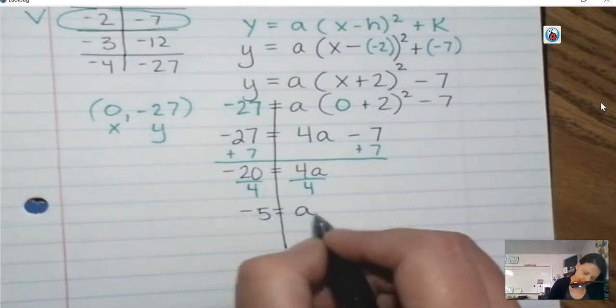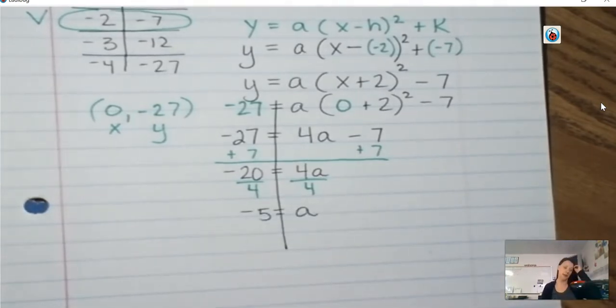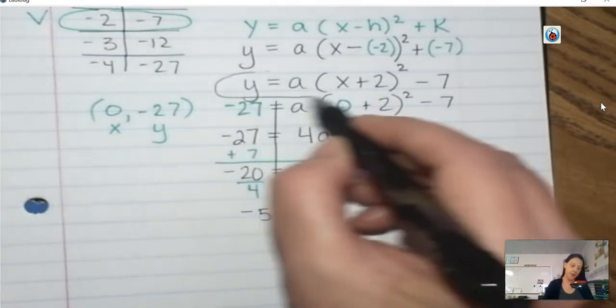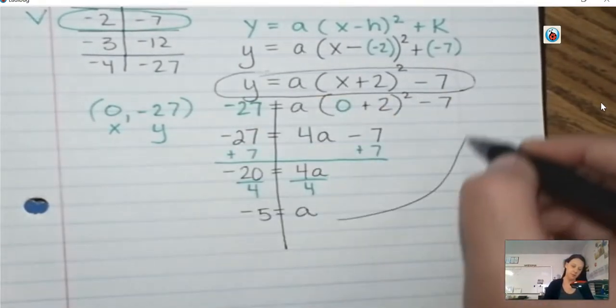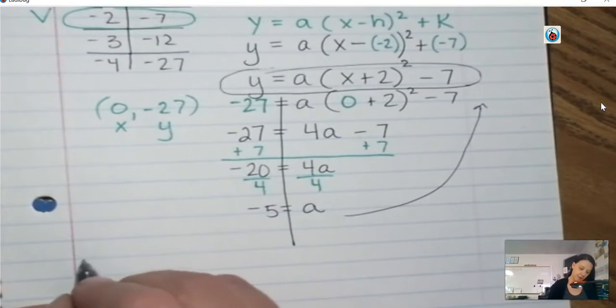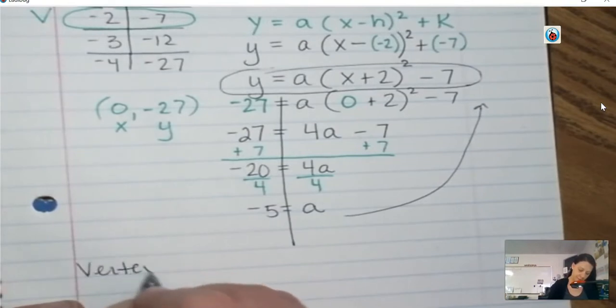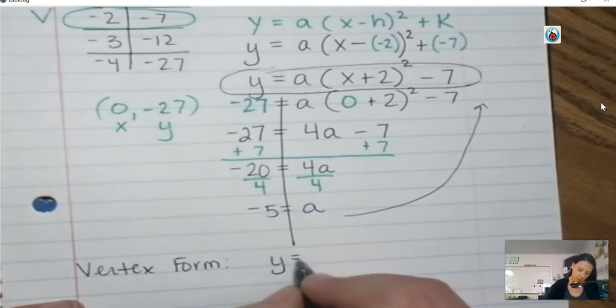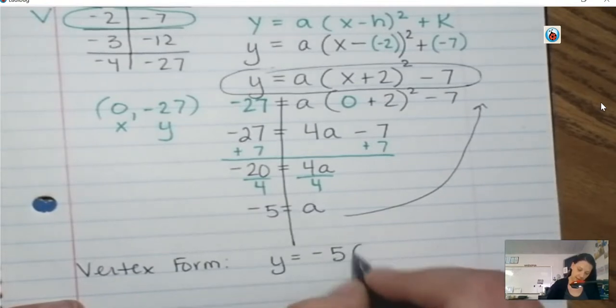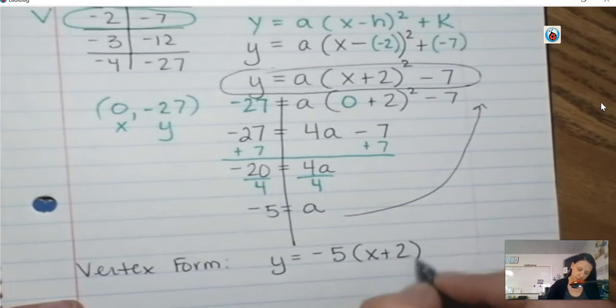And I get a is negative 5. And then I'm going to plug that back into this equation. So the final answer for vertex form will be y equals negative 5 times x plus 2 squared minus 7.